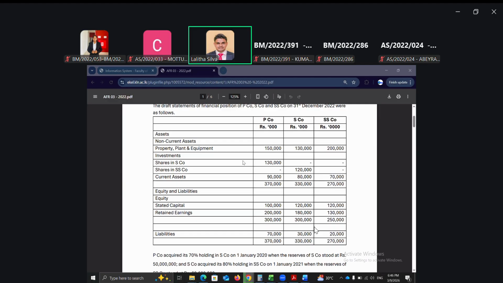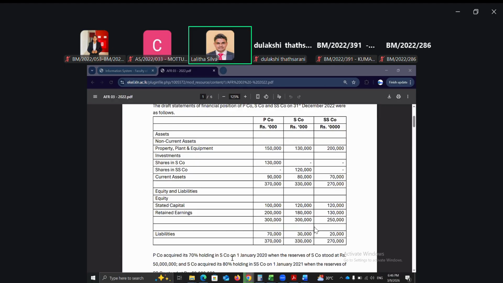S company has made an investment in SS of 120 million. Who owns this investment?